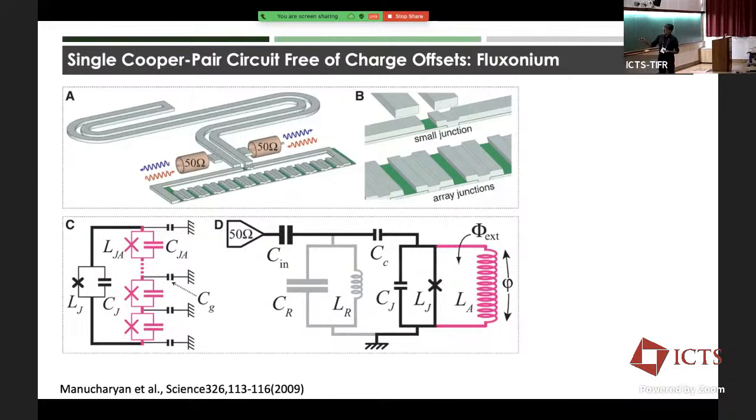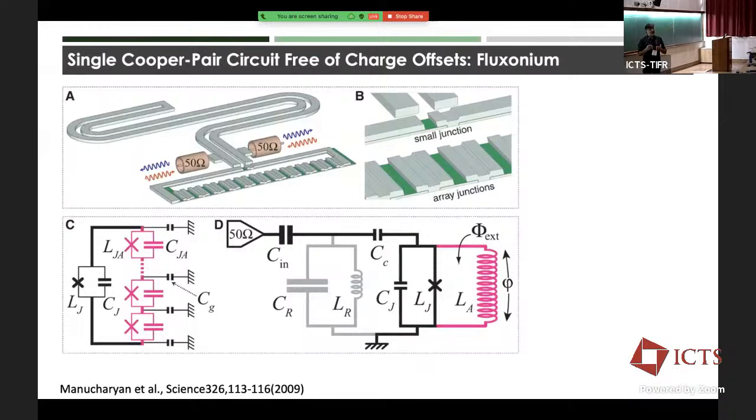But by adding this linear inductor across it, it sort of shorts out the offset charge effects. Basically, this inductor, in a hand-waving way of understanding, doesn't allow a charge difference to appear between these two, or doesn't allow the island here to accumulate any offset charge. And this inductor essentially shorts it out.